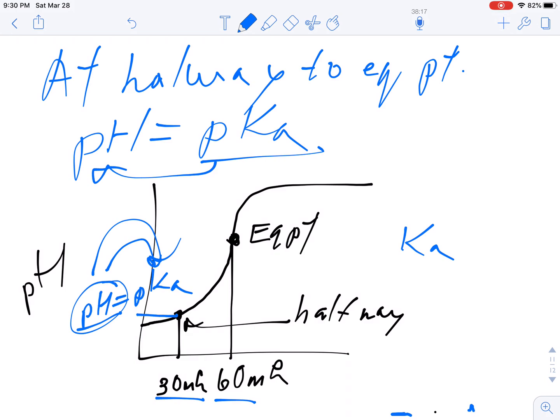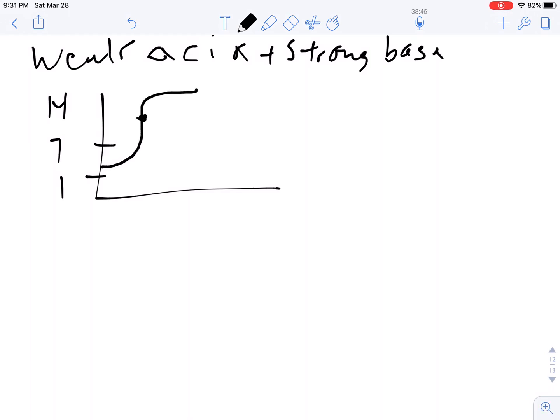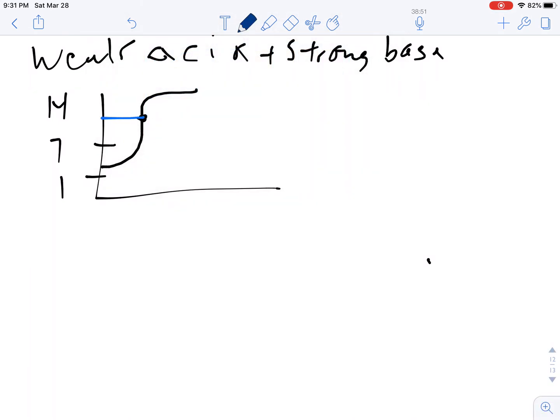Okay, one last thing. I know this is a long lecture, but when you titrate a weak acid with a strong base, the equivalence point is always basic, meaning that the titration curve will always have the inflection point in the basic region. Okay?